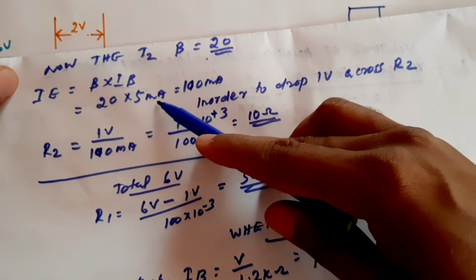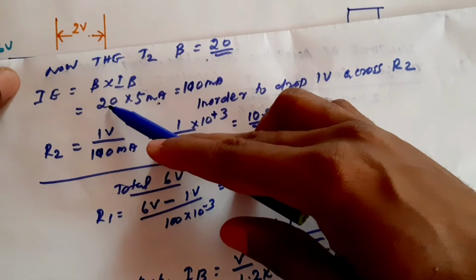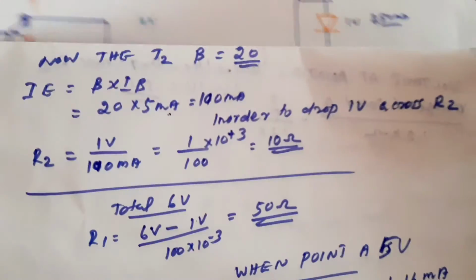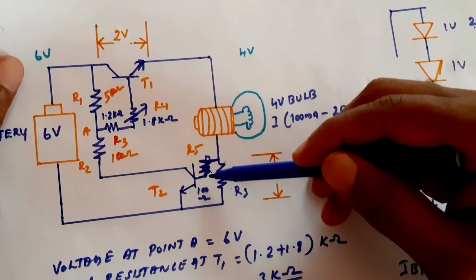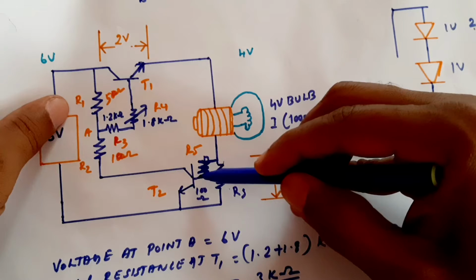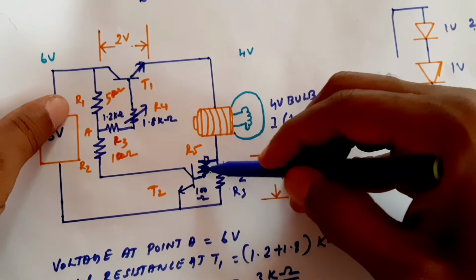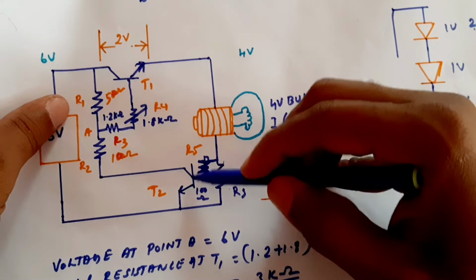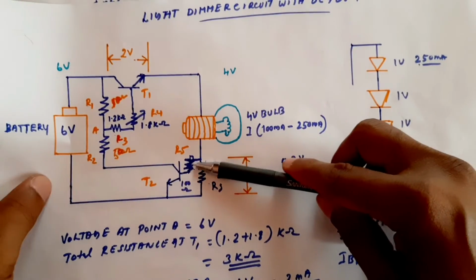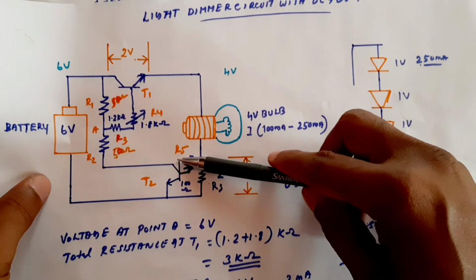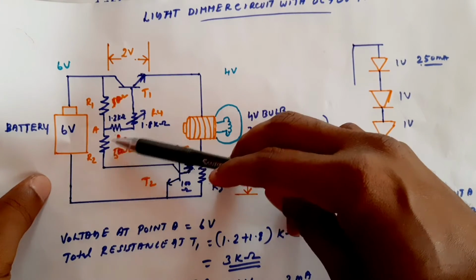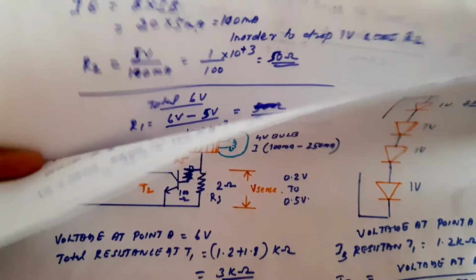The base current IB is 5 milliampere and the beta is 20, so the output current of the transistor will be 5 into 20, which is 100 milliampere.